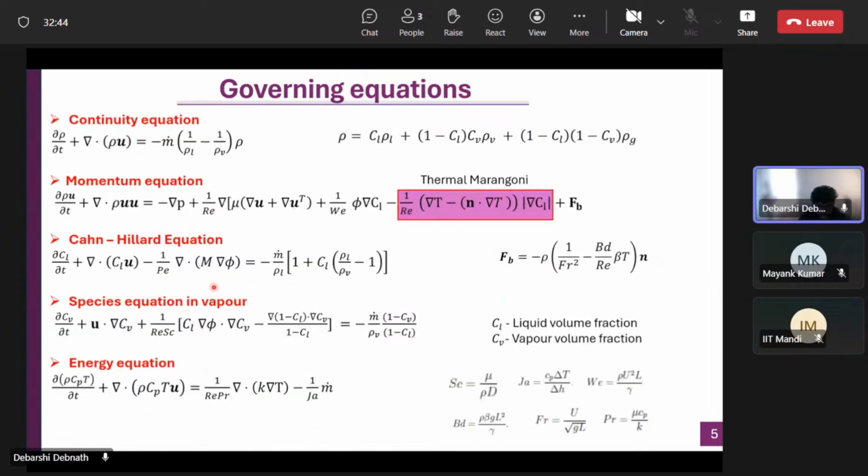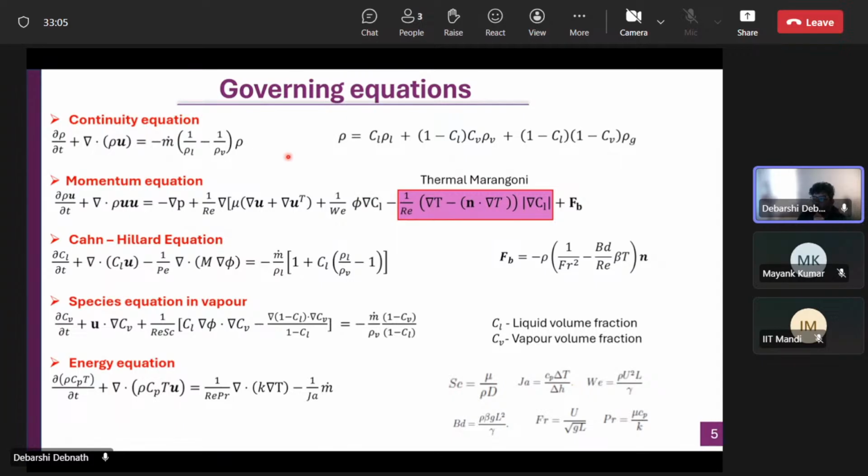Now, since we have looked at the different variables, I'll come into the equations once again. Here we have the continuity equation, but since we have evaporation now, we have the m dot term here.